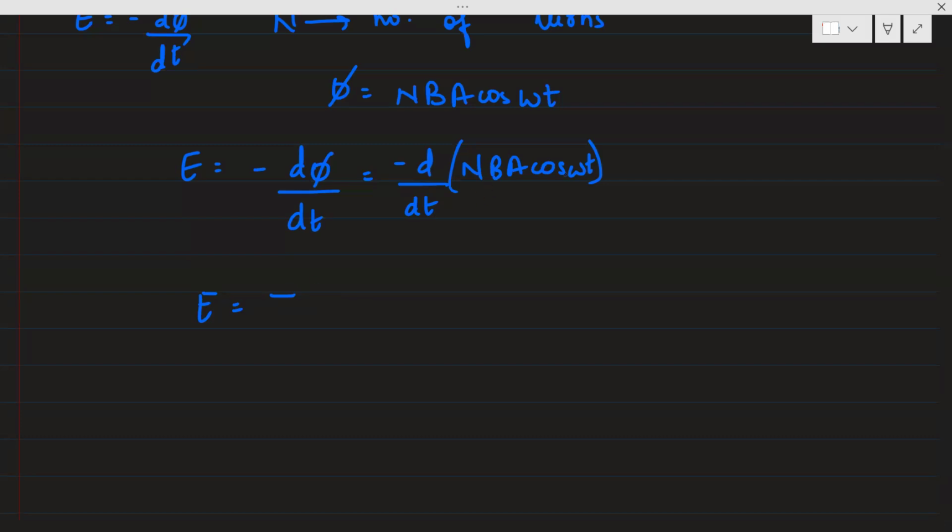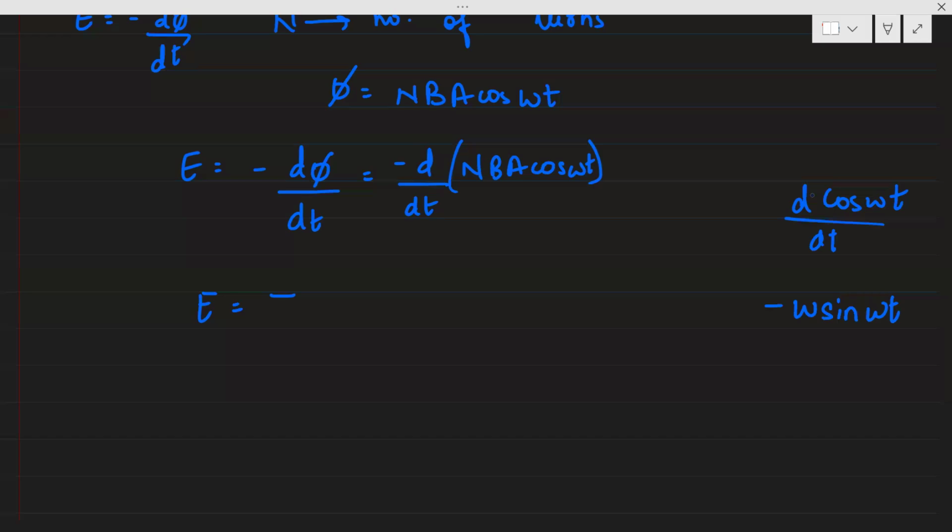I think we haven't discussed this part before: whenever you differentiate cos omega t over dt, omega comes out and it gives you sine omega t inside with a negative sign.